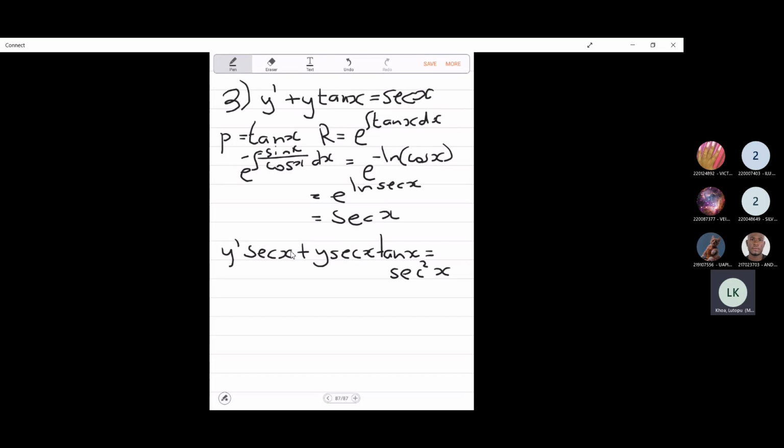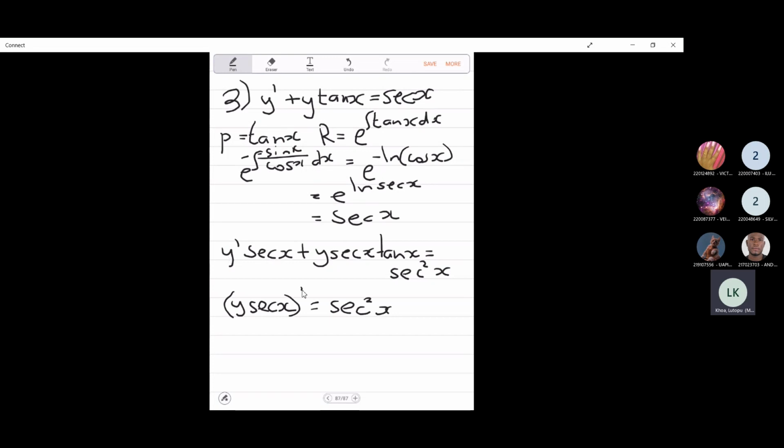Then look at the left hand side: the derivative of sec x is sec x tan x, and the derivative of y is y prime. So using the product rule, we can say that (y sec x) prime is equal to sec squared x.